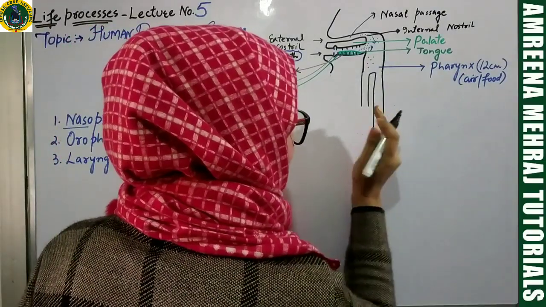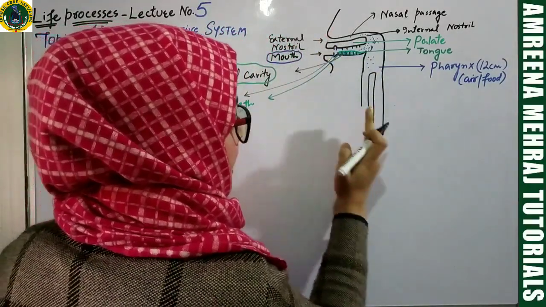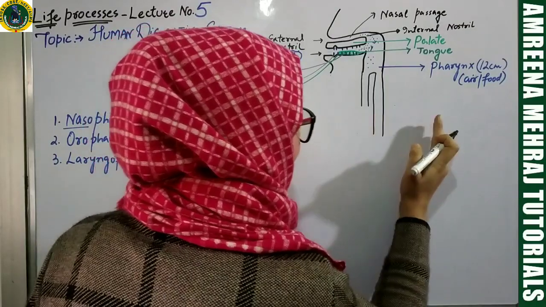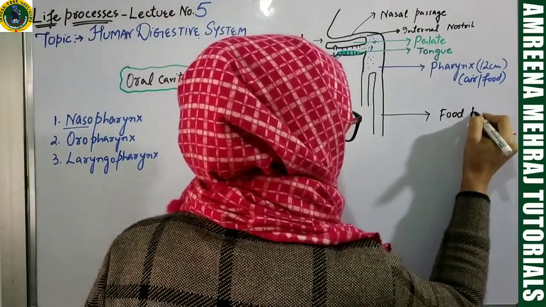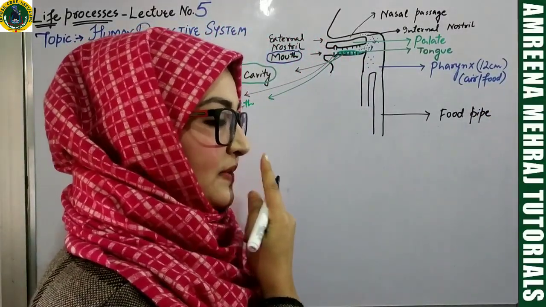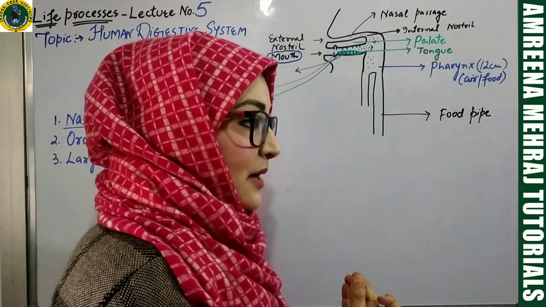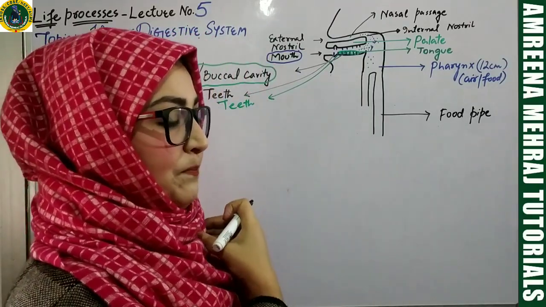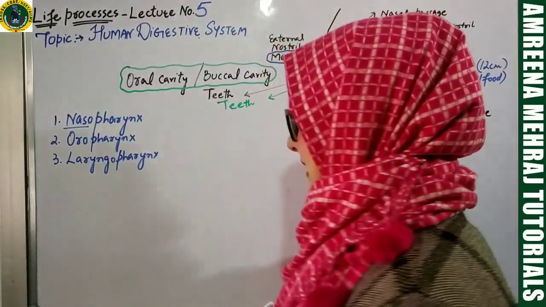This is the nose, this is the front part, this is the mouth part. Suppose I'm standing like this. This is my nose, this is my mouth. In front of my chest there will be the windpipe, and behind the windpipe will be the esophagus.